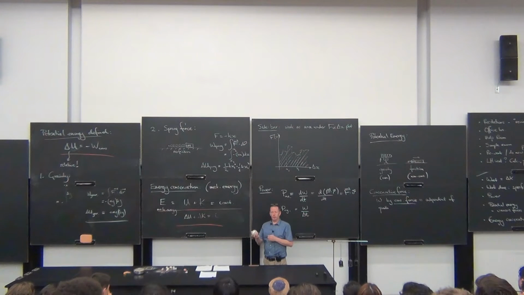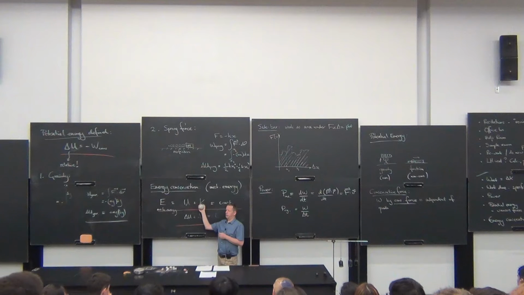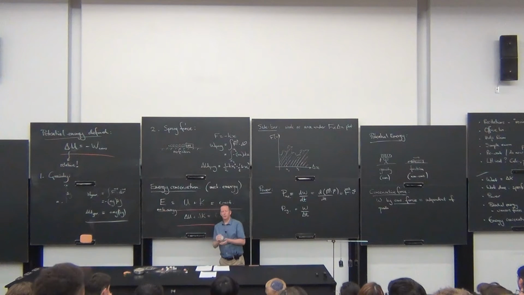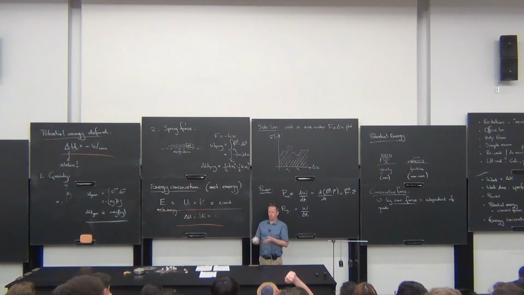So let me just quickly summarize how I would look at this now from an energy perspective rather than from a force perspective. So again, once this thing is released from my hand, just think about its mechanical energy constituents. So think about its kinetic energy and its potential energy everywhere along its path. So what can you tell me about the kinetic and potential energy at the launch point?